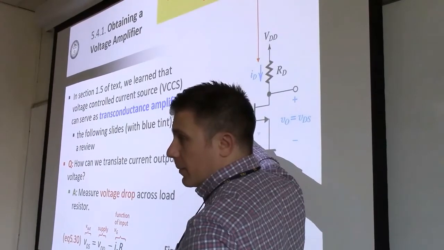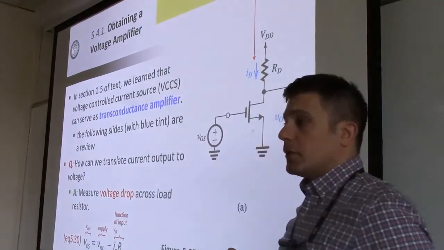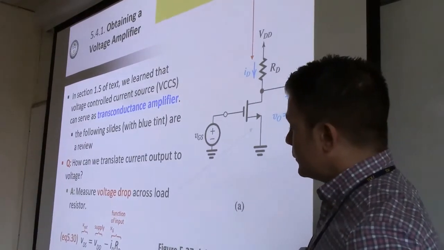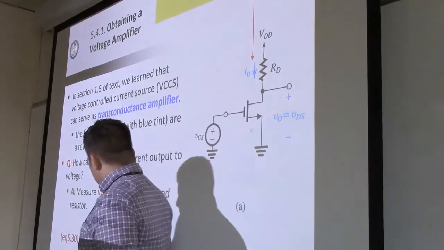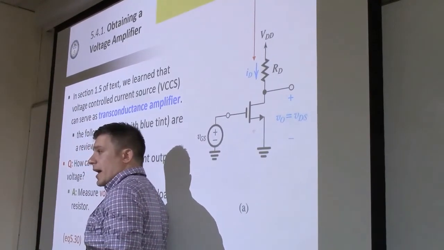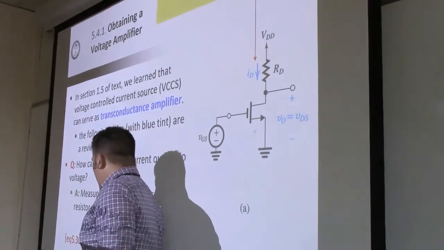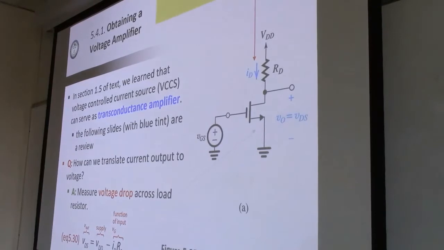The signal that we're going to be amplifying, and the output is going to fall between those two terminals. Input is inside of here because VGS will have an effect on ID. Output is here, which is our VDS.